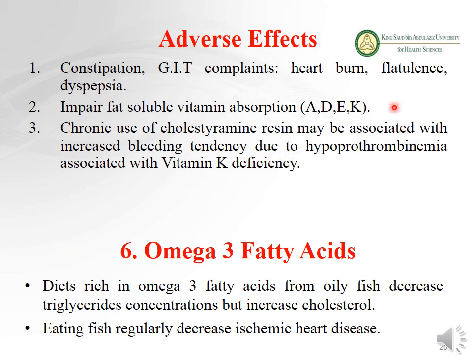As we have seen with the anticoagulant drugs, vitamin K reductase is responsible for the formation of different coagulation factors. So vitamin K deficiency leads to more bleeding because it decreases the coagulation of blood. The last class in this is omega-3 fatty acids.